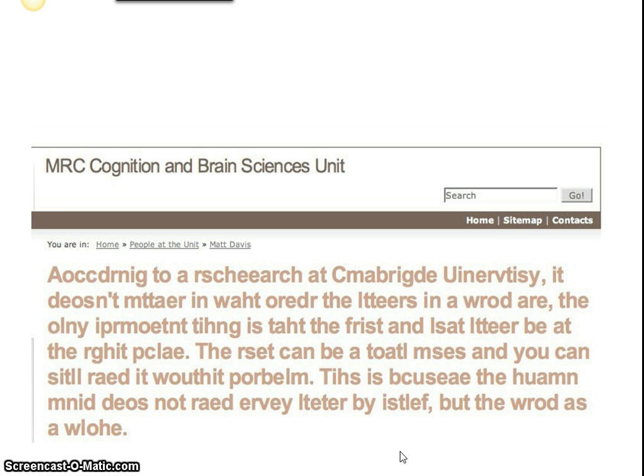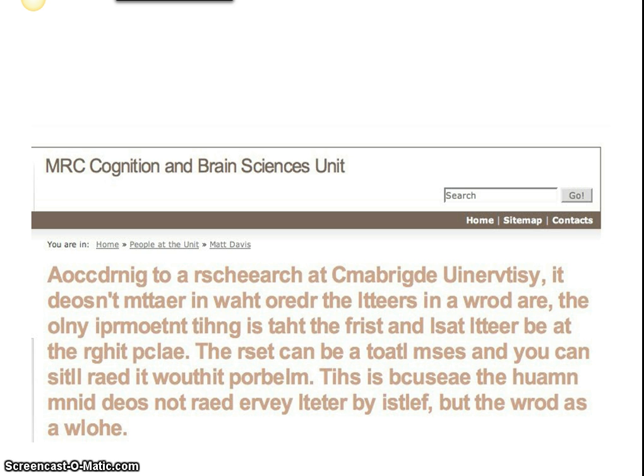All right, now see if you can read this paragraph. Most likely you can, because your experience enables you to immediately perceive the scrambled letters as meaningful words and sentences. According to research at Cambridge University, it doesn't matter in what order the letters in the word are.